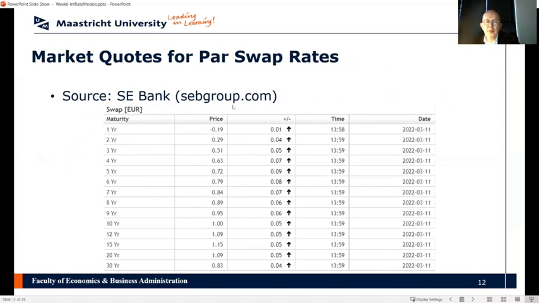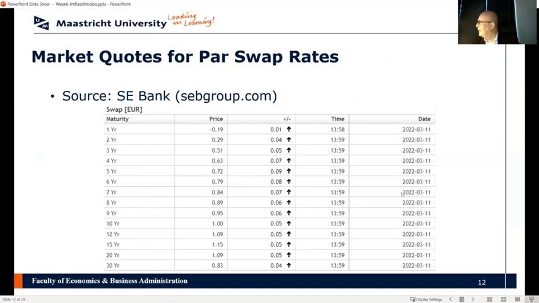Here are some examples for quotes for par swap rates. This is a Swedish bank, SEB Group, and they are friendly enough to quote par swap rates on their website. So you can go to their website, and if you type in the search area swap rates, they will show you the actual quote.